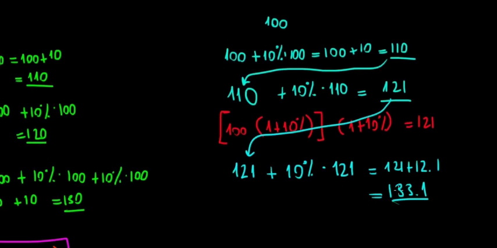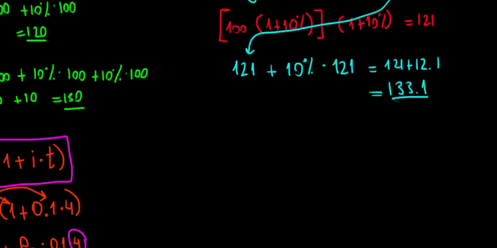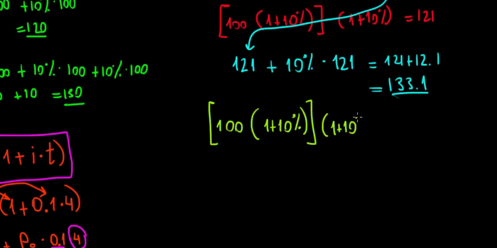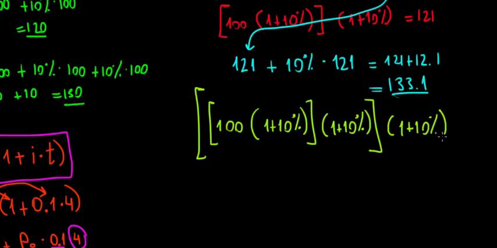Now, what is 133.1 in terms of $100 initially? Well, that was equal to $100 initially times 1 plus 10%. Then we multiplied with 1 plus 10% for the second year, and then once again in our third year, 1 plus 10%.